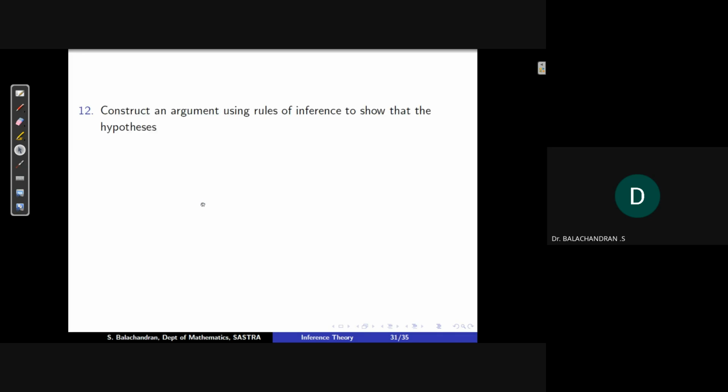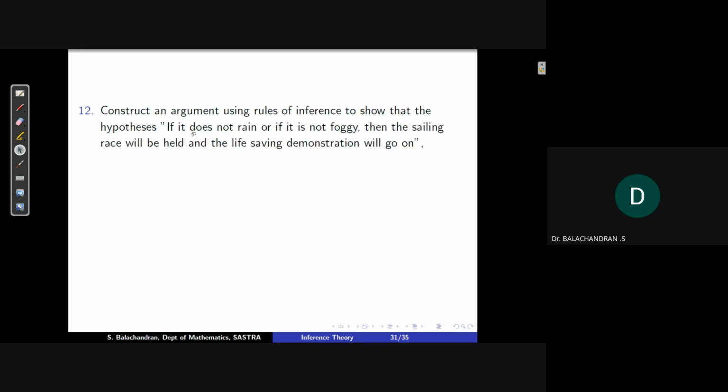So next problem. Construct an argument using rules of inference to show that the hypothesis: if it does not rain or if it is not foggy, then the sailing race will be held and the life saving demonstration will go on.